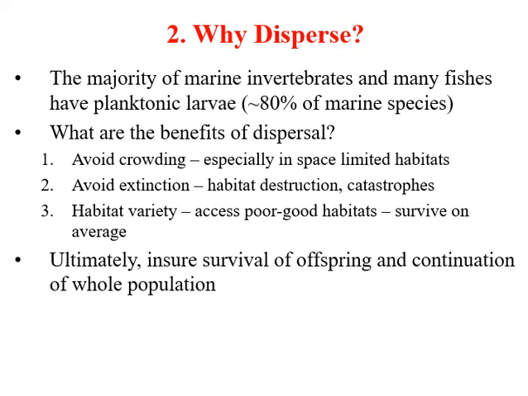Look at the proportion of marine species that have planktonic larvae. There are a lot, especially invertebrates. All these different invertebrates and all these different fish have planktonic larvae, or natal dispersal is what we're talking about. So if you have these little planktonic larvae, that's how you're reproducing. That's what your young start out as.